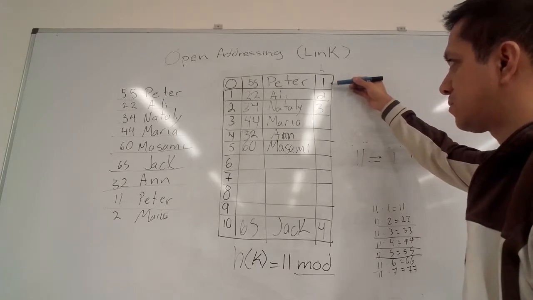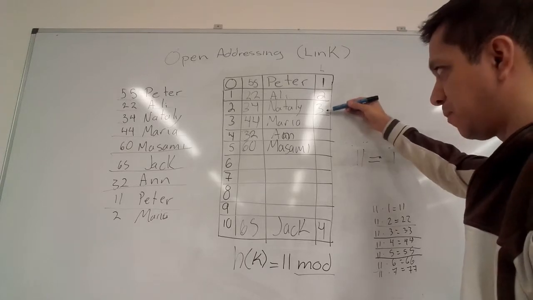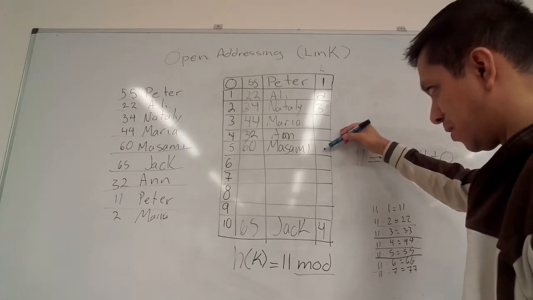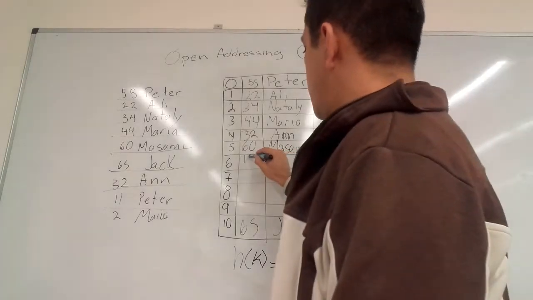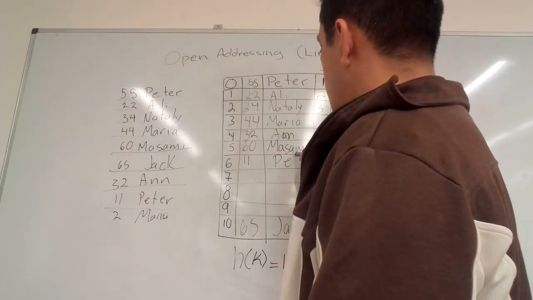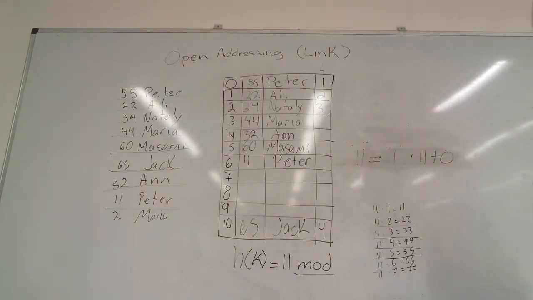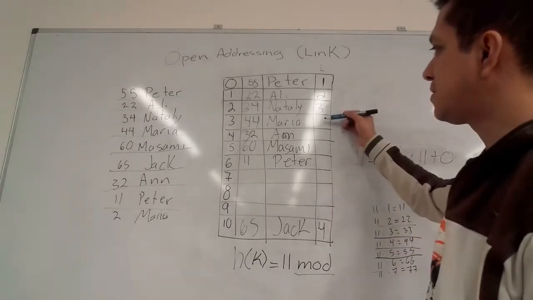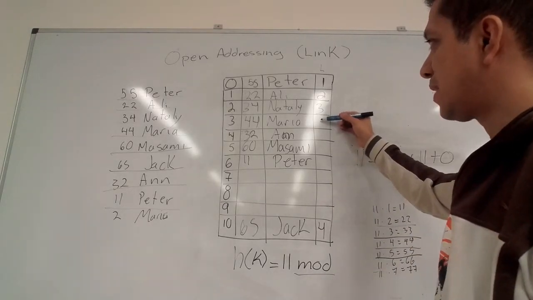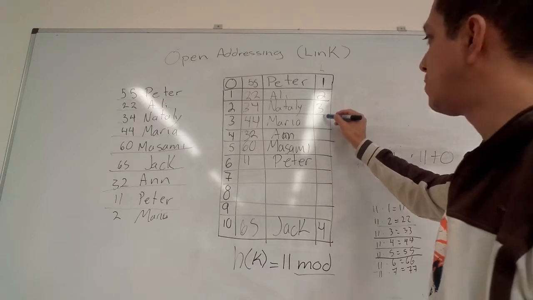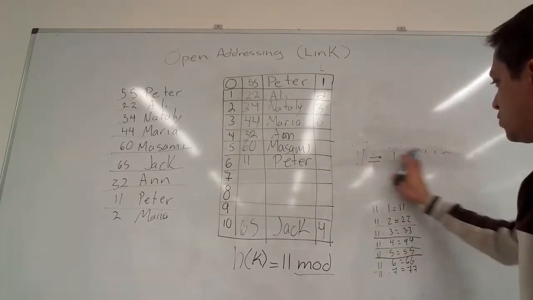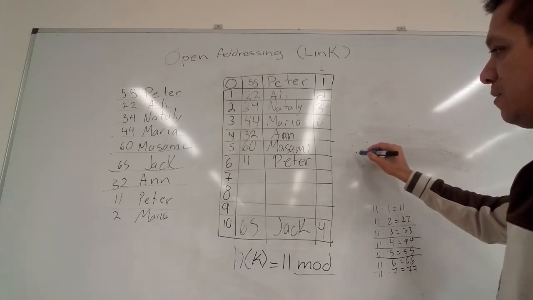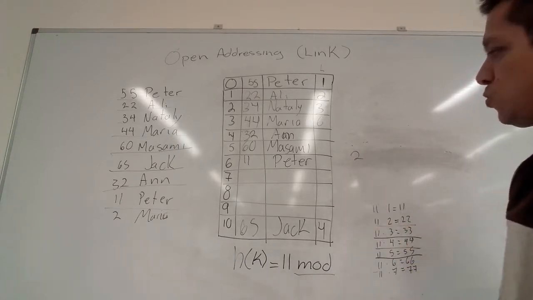We can place it in the next, which is impossible, impossible, impossible, just in the 6. And this is the place because it's available, so we will place the number 6 as the link for Peter.